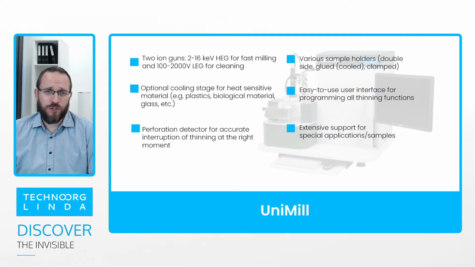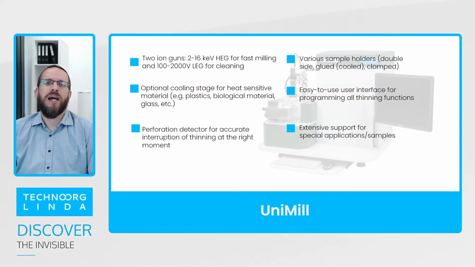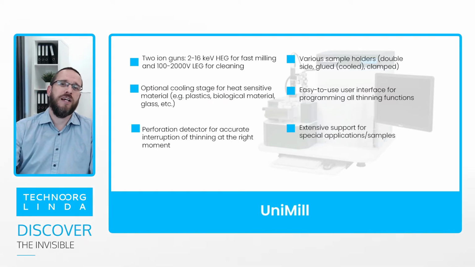There is an optional cooling stage for heat sensitive material, and the user interface is quite easy to use. There is also a perforation detector for accurate interruption of the thinning at the right moment. And I should also mention that there is extensive support for special applications and samples.